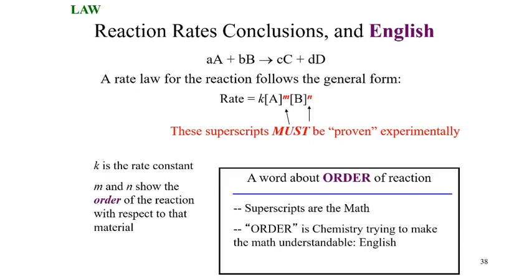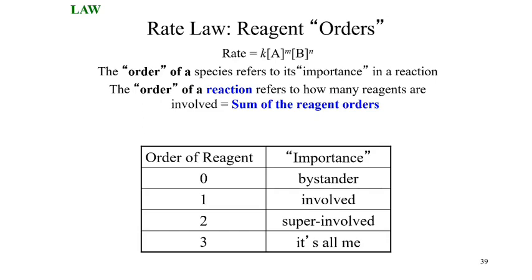So what does that mean to us? Well, if we look at the importance of that species in the reaction, that's really what our order is. If we looked at the order where that value was a 0, what's the importance to that reagent? Well, that reagent isn't involved in the reaction at all.